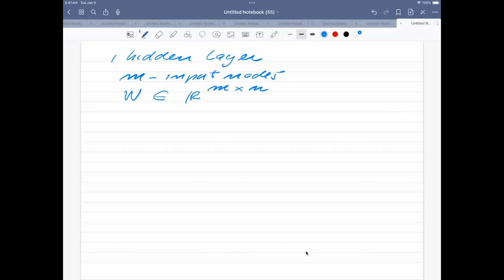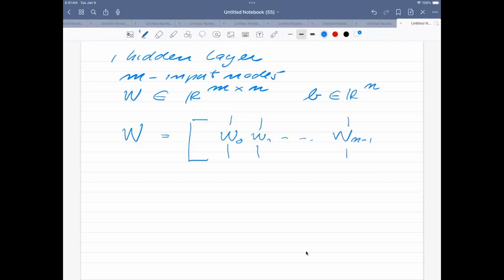And then we're going to have a bias vector, if we now assume it's a vector. This may change, and this is a vector of length n. And then it means that our matrix, if we now write this out in terms of vectors, there's going to be a vector W0. That's the first column. I have a W1, etc., up to a Wn minus 1. This is just if we write this in terms of the column vectors.